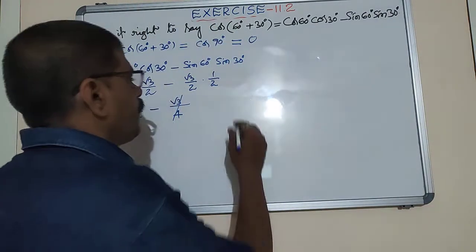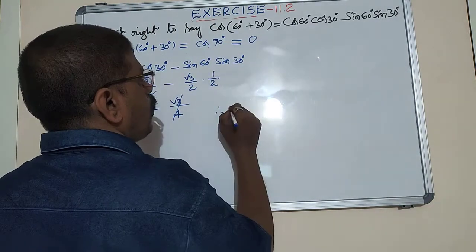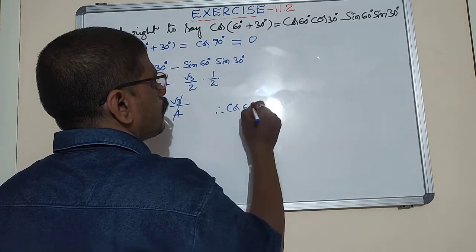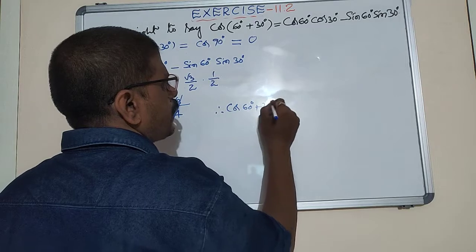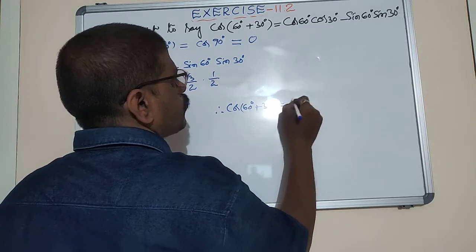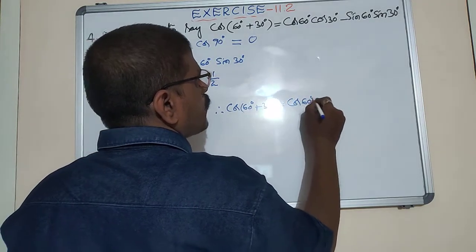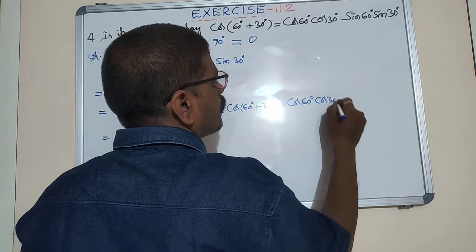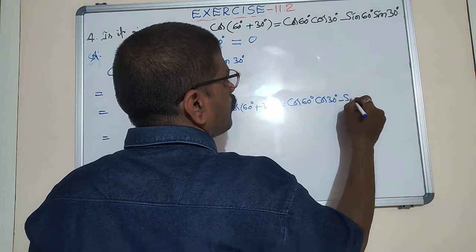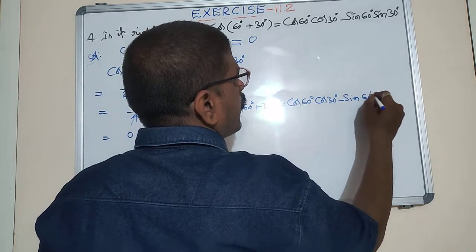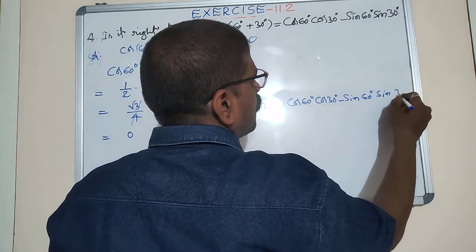First we can write, therefore cos(60 degrees + 30 degrees) equals cos 60 degrees cos 30 degrees minus sin 60 degrees sin 30 degrees.